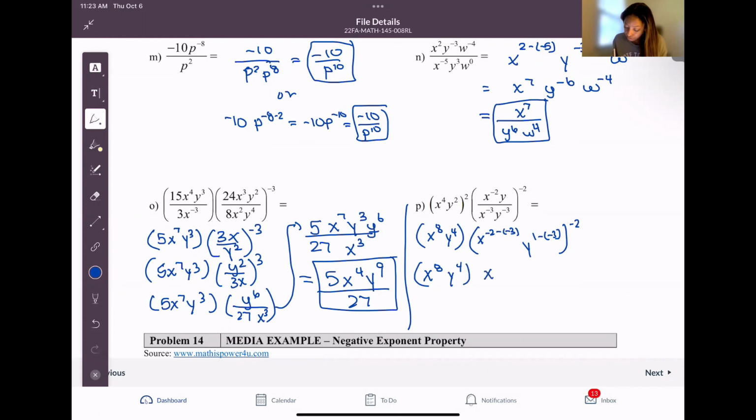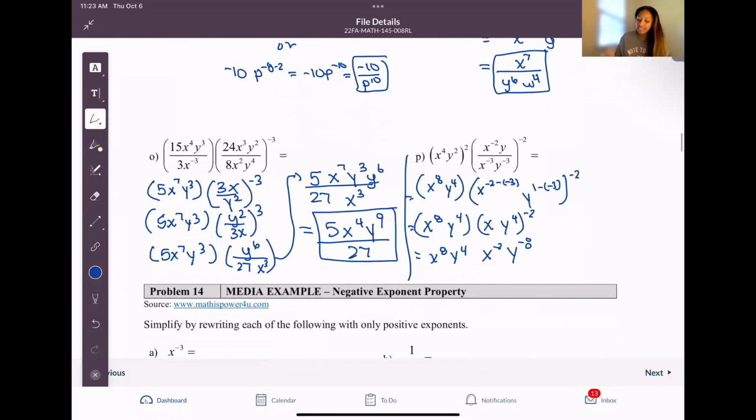This would give us x to the first power, negative 2 plus 3 is 1, and y to the 4th power, all to the negative second power. Okay, so this gives us x to the 8th, y to the 4th, and then x to the negative 2, y to the negative 8.